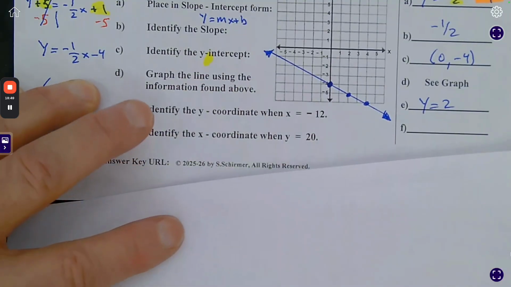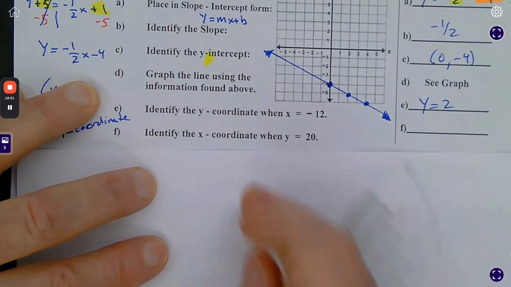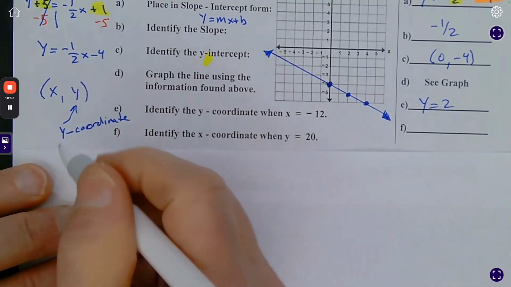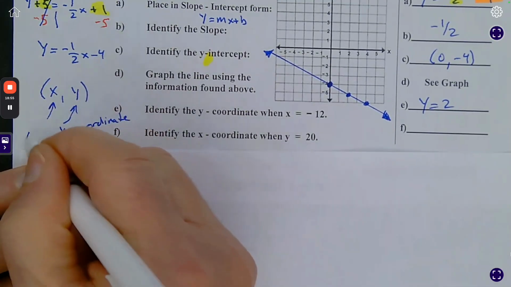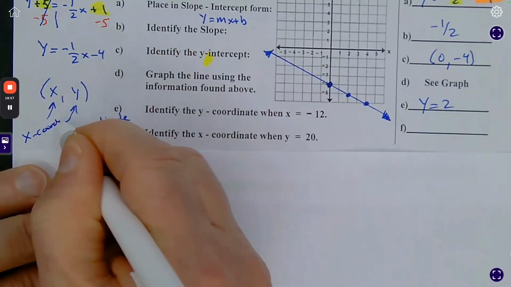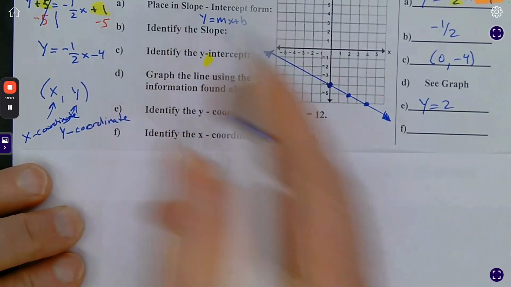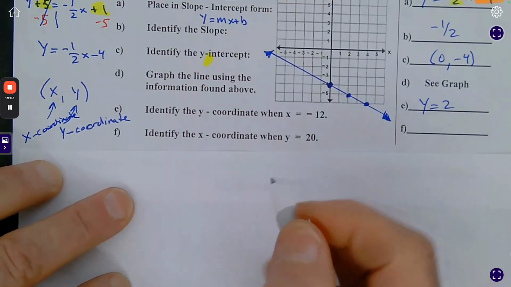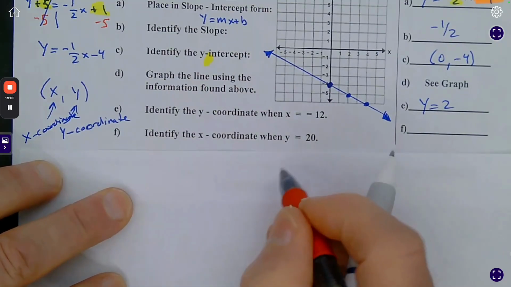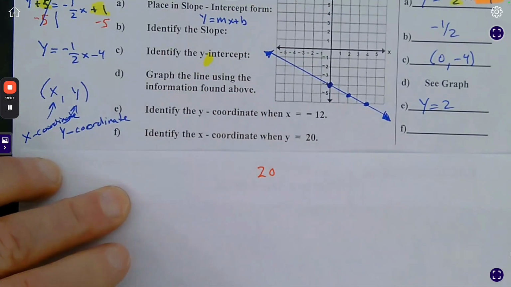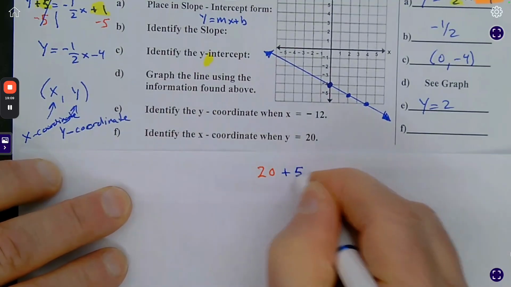This one says, find the x-coordinate. Well, this is the x-coordinate. Okay, so let's find it. I'm going to go back up to my original equation, and where I see a y, I'm going to replace it with 20. So right there is going to be my y.